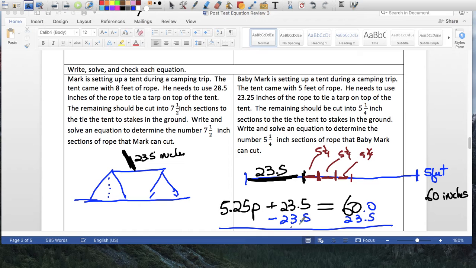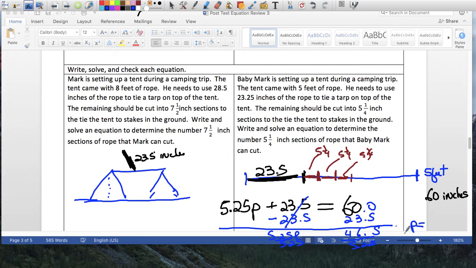So minus 23.5 on both sides, and on this side I get 60 minus 23.5, which is 36.5. Then 5.25p, divide both sides by 5.25, and the number of pieces of little string that measure 5 1/4 is going to be 36.5 divided by 5.25.